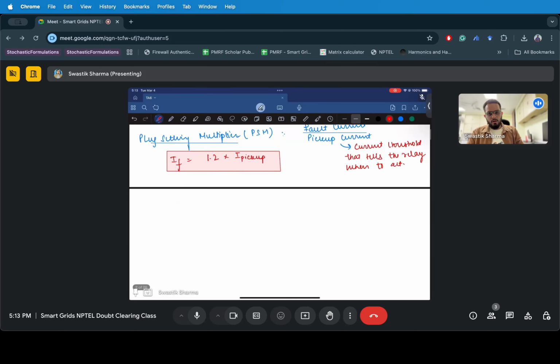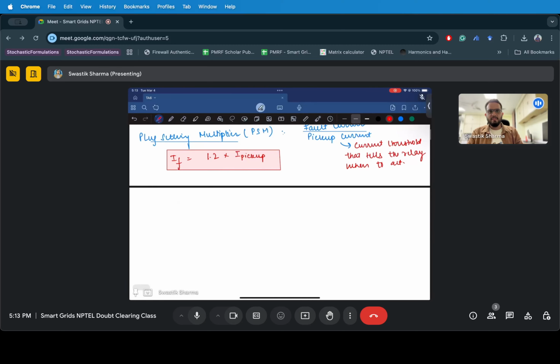There is one more issue. For example, I recently told you in the previous class as well that there is something called the inverse definite minimum time, IDMT, characteristic of an overcurrent relay. So what is inverse definite minimum time?